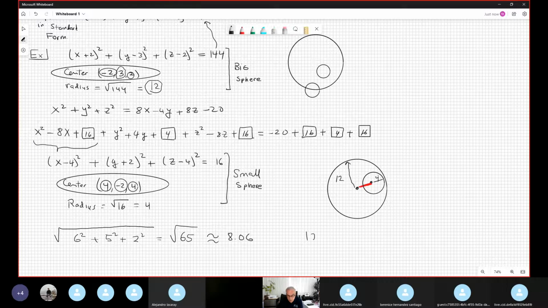So I prove that 12 is greater than 4, the radius, plus that number, 8.06. Wow, no good, because this is 12.06. Almost. This idea is incorrect.